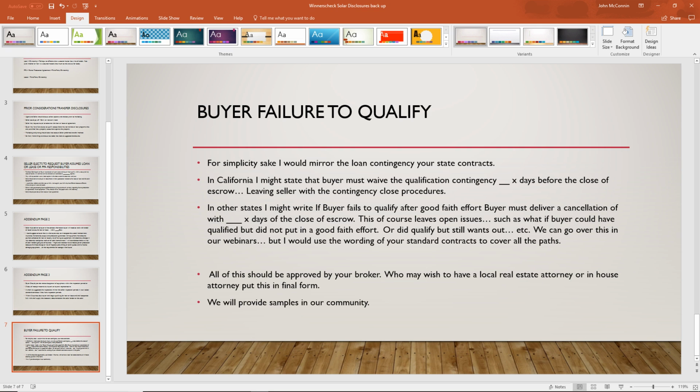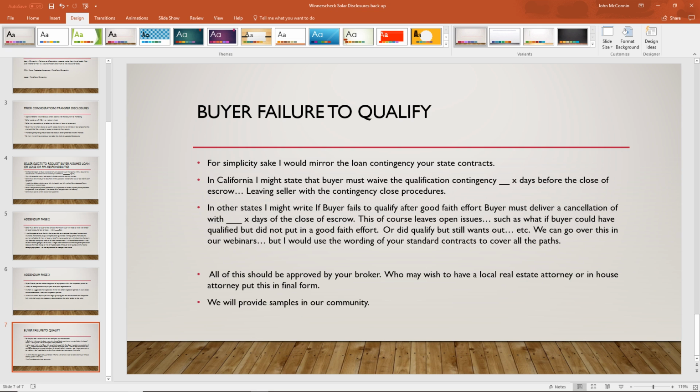And if they don't, then I would suggest it mirrors the loan contingency. So if they haven't done that, then the seller can go ahead and give them notice to close the contingency. And if they don't, then the seller can cancel, or frequently the buyer, if they're well represented, will cancel before they even have a chance or a risk of losing their deposit money, or their good faith deposit, depending on how your state considers it.